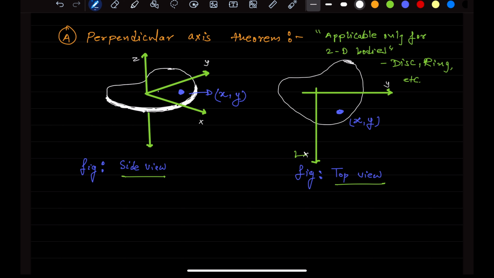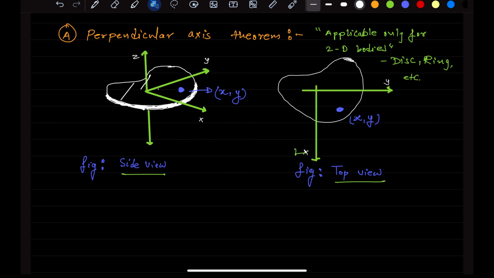Because it is a continuous mass distribution, mass is distributed on the complete surface like this, right? So what I will do, I will take an elemental mass, define the moment of inertia for this elemental mass, and then integrate it. So I have taken an elemental mass. This blue mass is the elemental mass, and let's assume that its coordinates are x comma y.